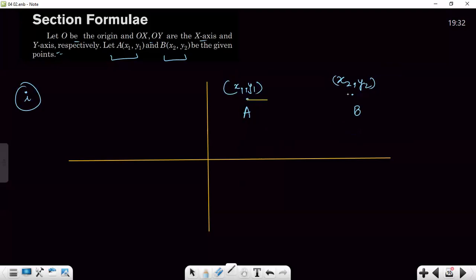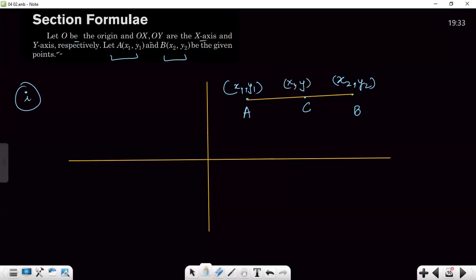They are making a straight line. So we join them, and on this straight line there exists a point. Let's call this point C, and this C also has coordinates x and y.